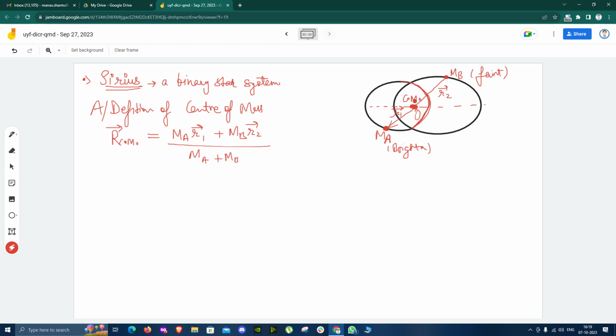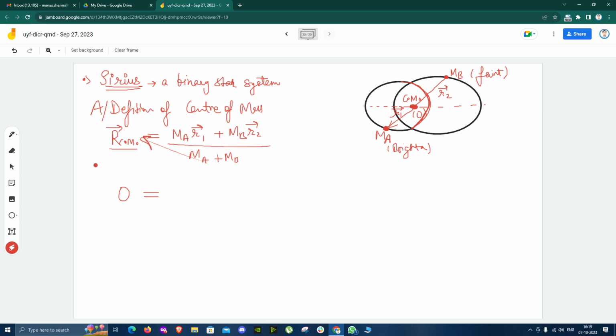Then RCM, the position vector of the center of mass itself, will be 0, comma 0.